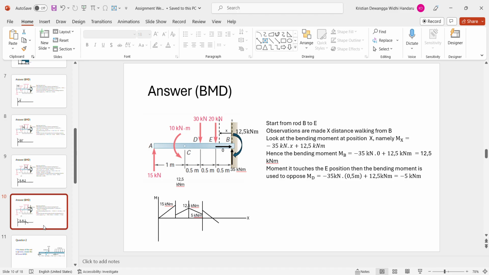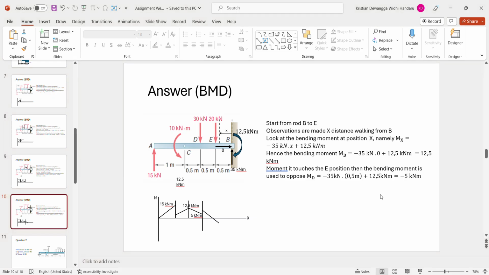And for the last, start from the right, from road B to E. For the MX, minus 35 kilonewton multiplied by X plus 12.5 kilonewton meter, and for the MB, minus 35 kilonewton multiplied by 0 plus 12.5 kilonewton meter equals 12.5 kilonewton meter.